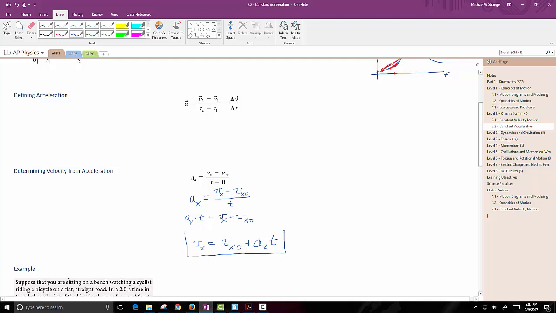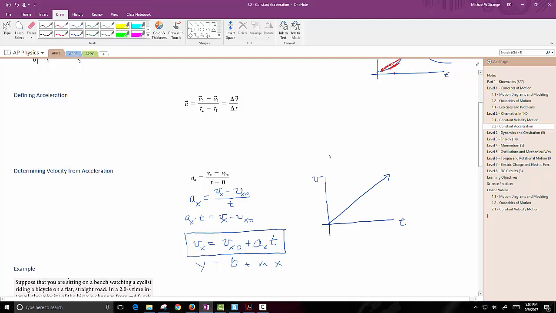This is the velocity function in terms of time. And that makes sense: on a velocity versus time graph with constant acceleration, I end up getting a line.